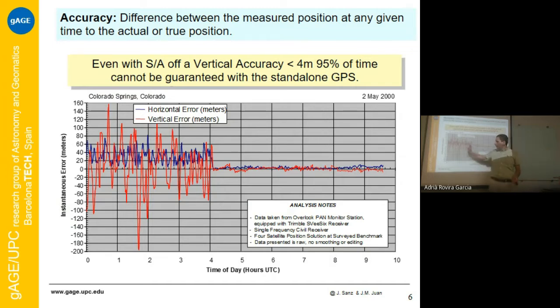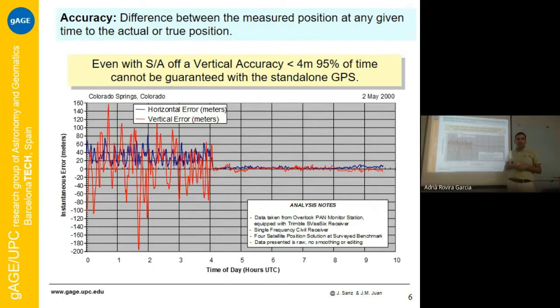Before, we already saw that the user accuracy was very degraded, because of the intentional degradation of primary clocks, also orbits, but the clocks were driving the error in vertical and horizontal, in different colors, to something that we cannot use for flying, with errors of plus minus 100-something meters.